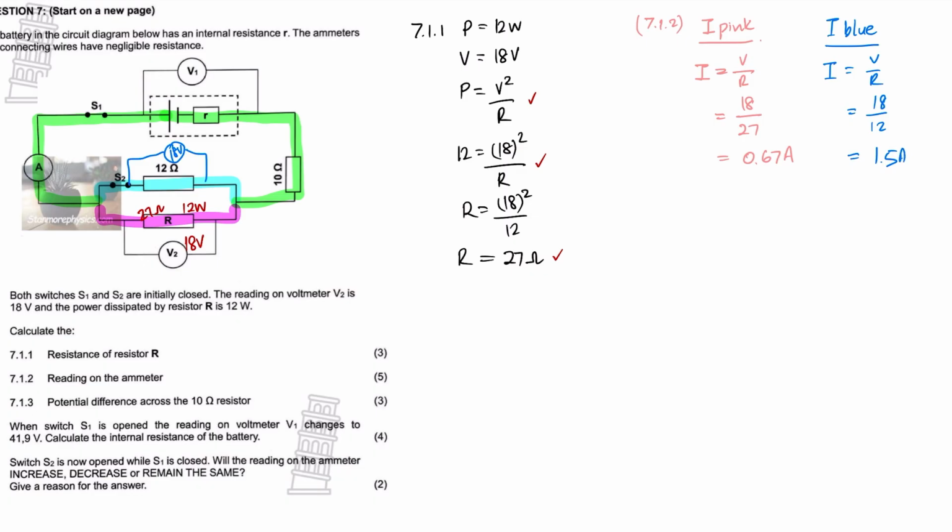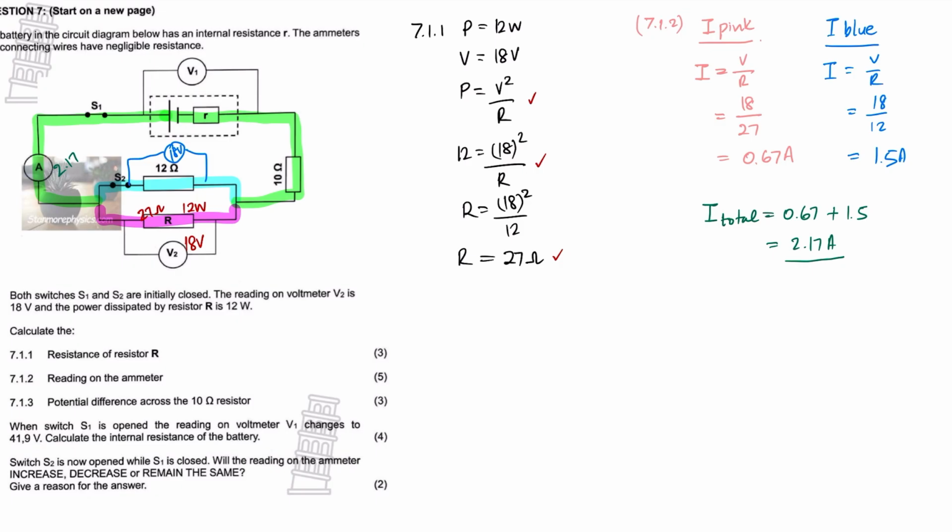And now if you want the current in the green branch, which is the total current, I total is going to equal 0.67 plus 1.5, which is 2.17 amperes.